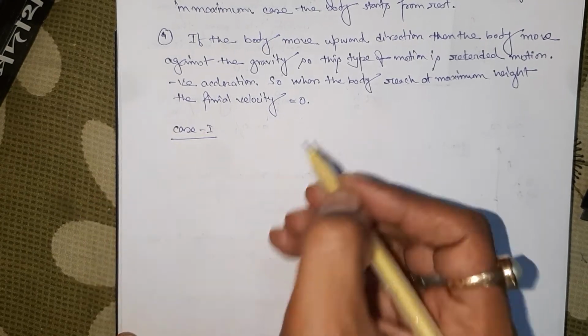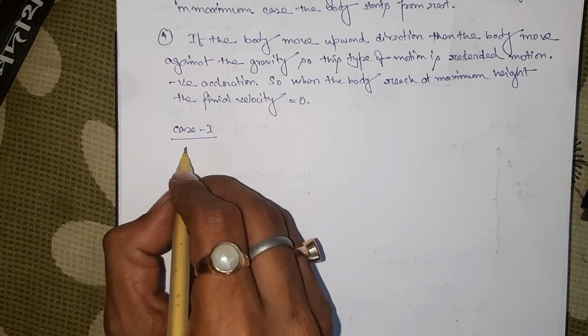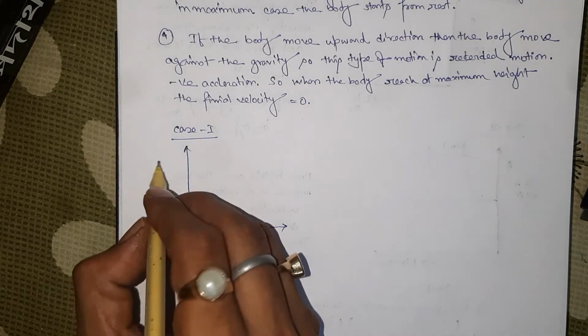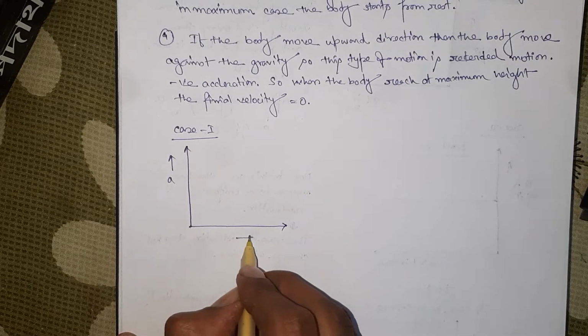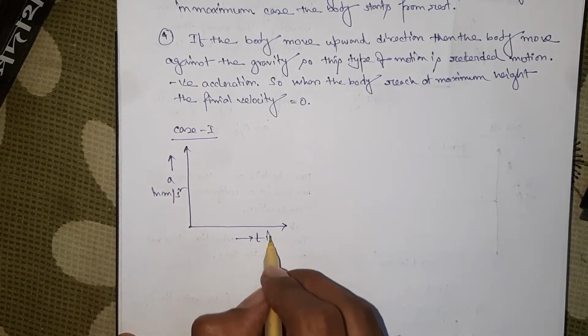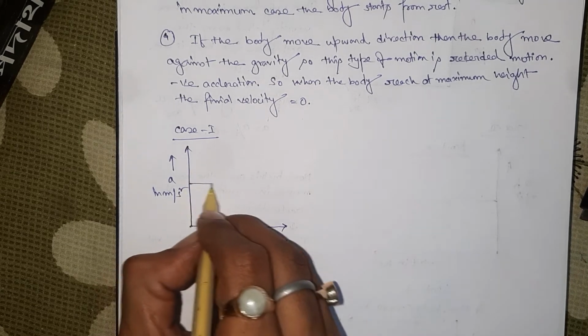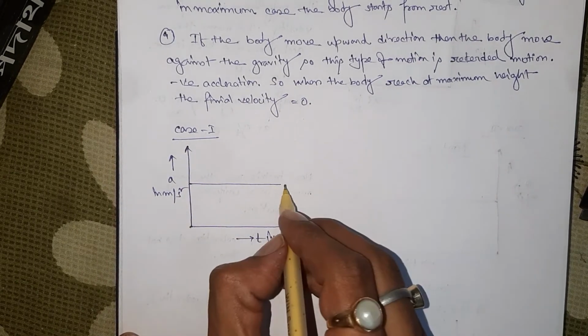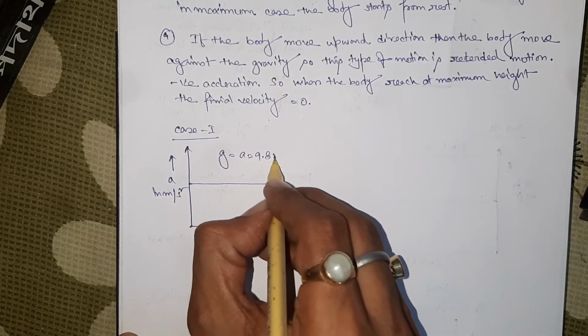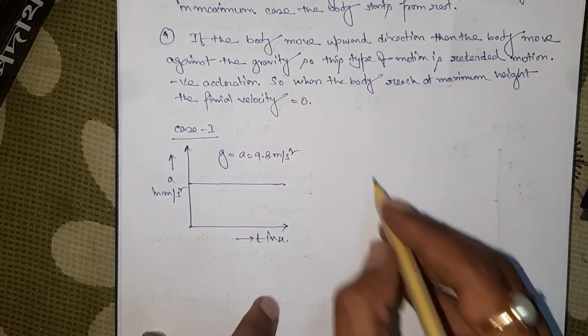Case 1, acceleration versus time for freely falling body in meter per second square in second will be like that, because the acceleration value is constant, and that is equal to g equal to a equal to 9.8 meter per second square.